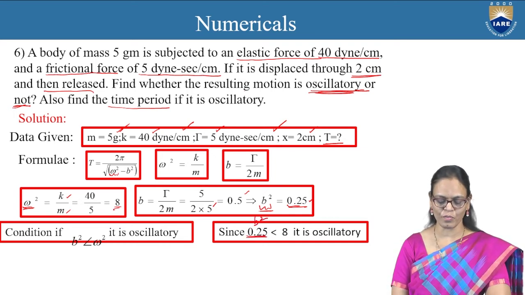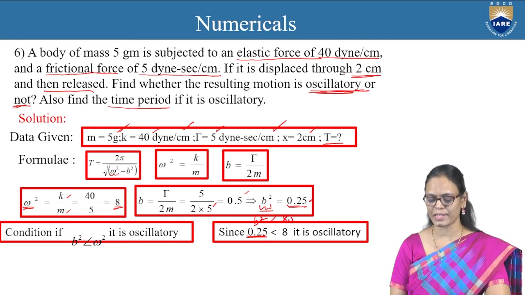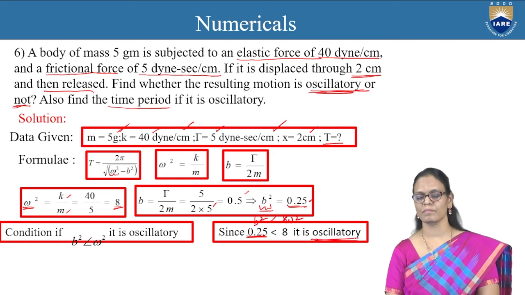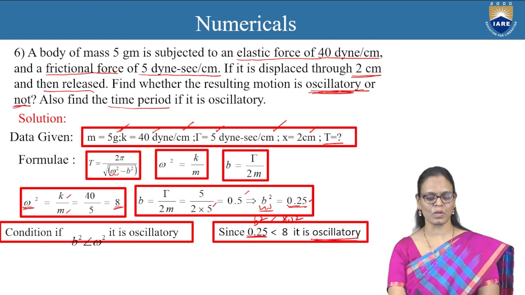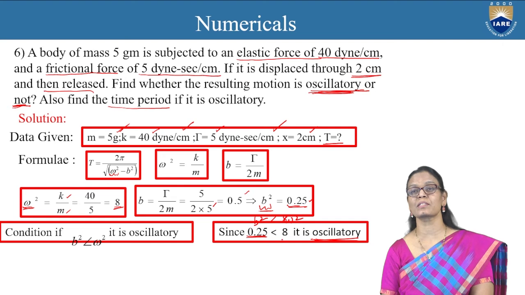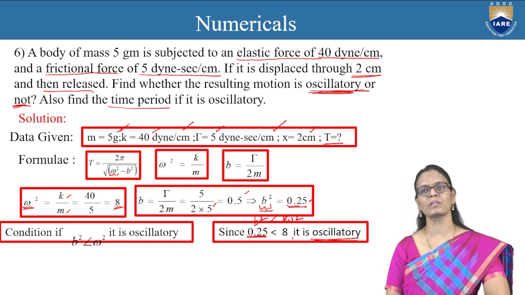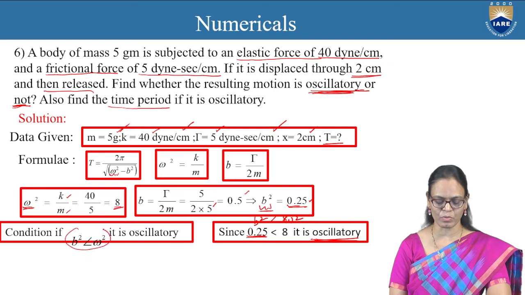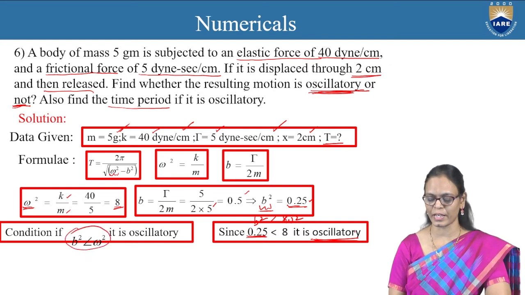And what is the value of omega square? 8. So obviously b square is less than omega square. So it is oscillatory. Because we have to check whether it is oscillatory or not. If this condition is not satisfied, then it is not oscillatory. Because this condition b square is less than omega square is satisfied, we are saying that the system is oscillatory.